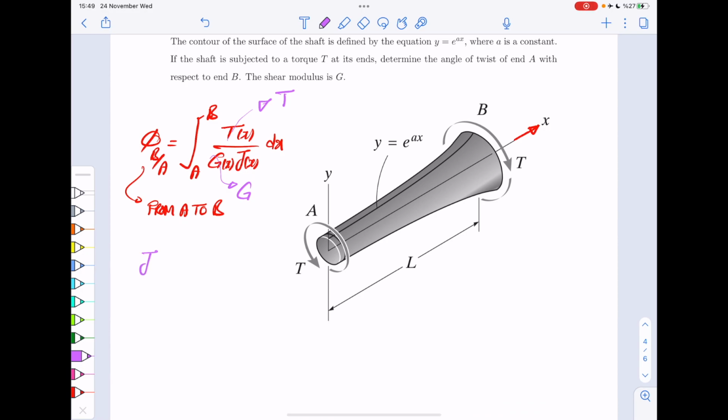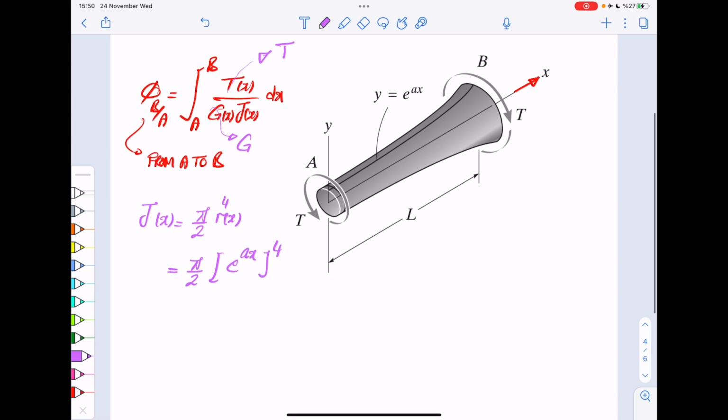Now, what is J as a function of x? It's pi over 2 radius to the power 4, but the radius itself is a function of x. So it's pi over 2 times e to the power ax, to the power 4, or pi over 2 e to the power 4ax.